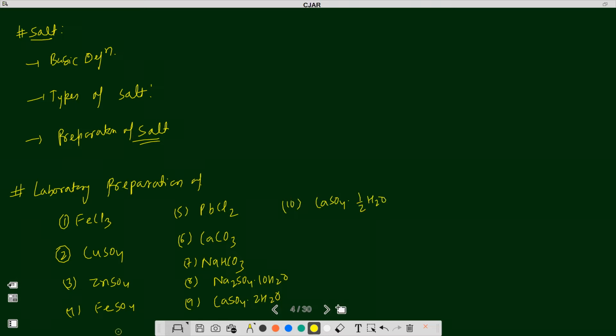So this is all about the laboratory preparation of such salts. We have already completed FeCl3, CuSO4, ZnSO4, FeSO4 in previous classes. What you have to do for this revision: just try to follow this. First, read throughout this topic from your textbook.